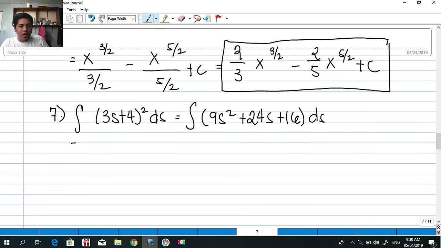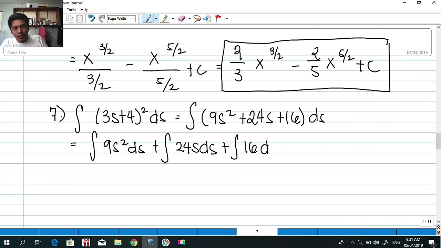And again, using our basic formulas a while ago, we can distribute the integral sign. So the integral of 9s squared ds plus the integral of 24s ds plus the integral of 16 ds. So what are you going to do? We have constants, bring them out of the integral.